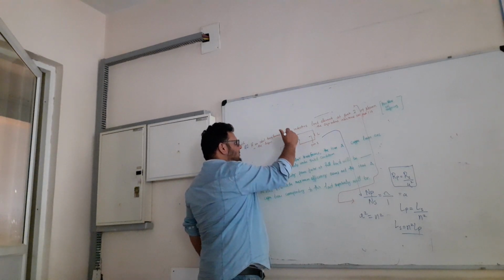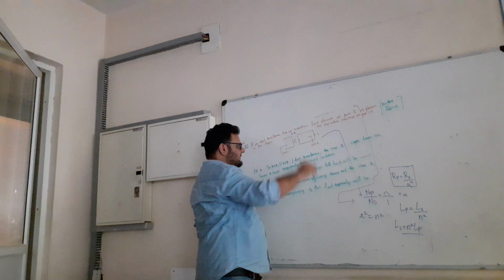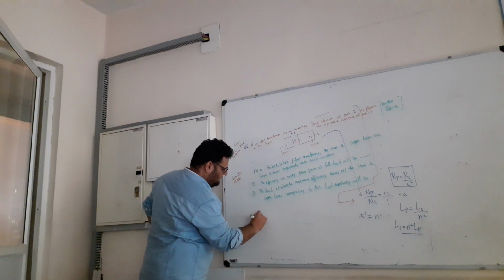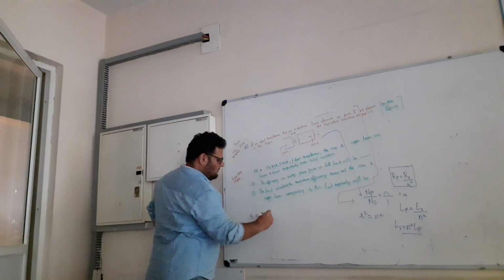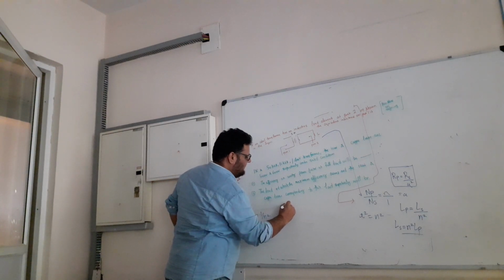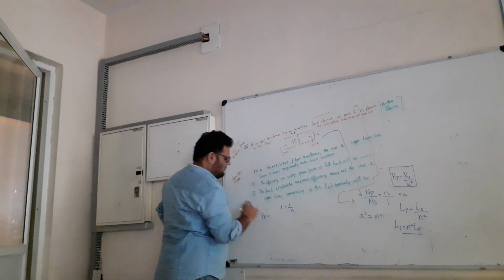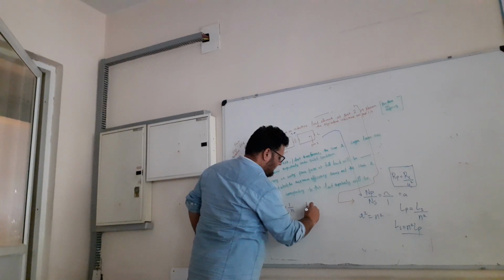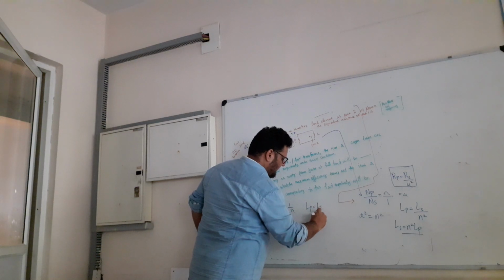Suppose this was 1 is to N. In that case, what would happen? Your A would become 1 by N, so A square is 1 by N square, because primary is 1, secondary is N. And your LP would be LS by A square.